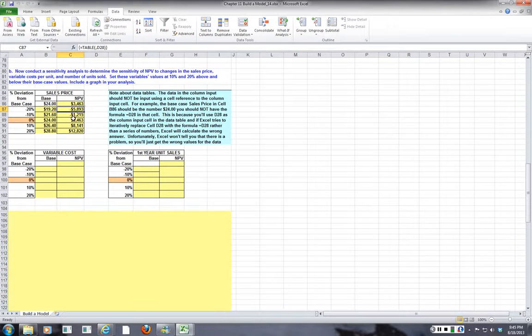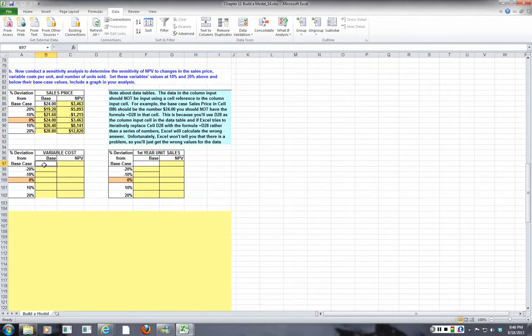If it goes down just 10%, it's a minus $1,212. If it goes up 10%, the net present value goes up to $8,141. And if it goes up 20%, it goes up to $12,820. So that shows that variation in net present value if we have those deviations from the base case.